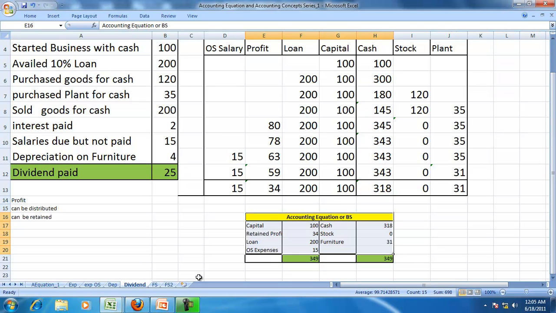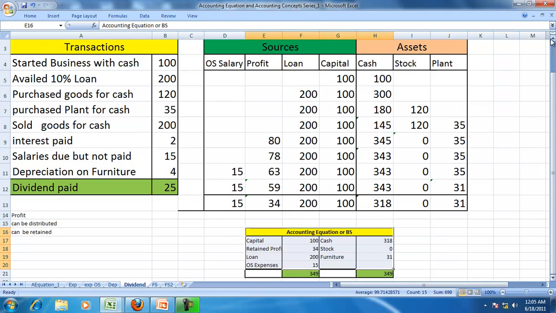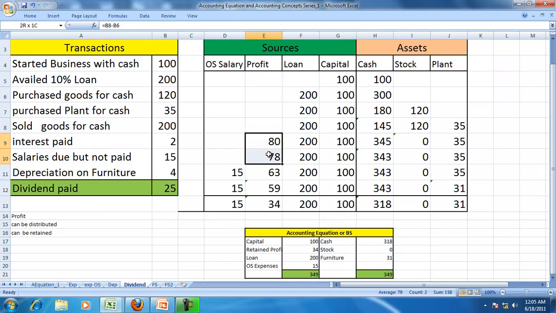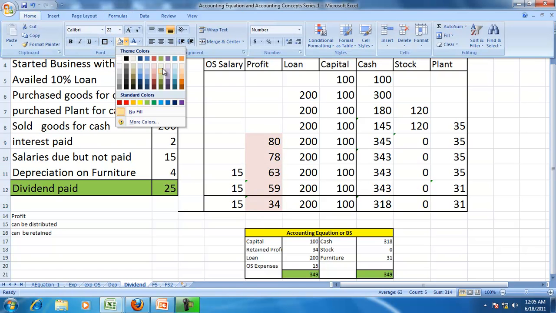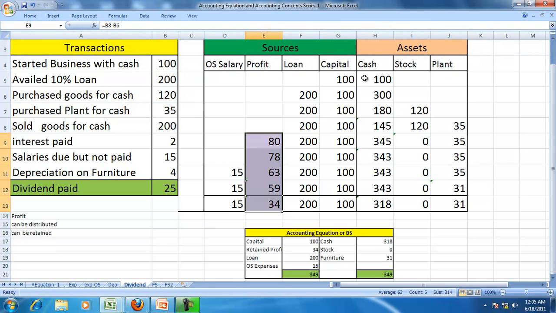So if you put the entire accounting equation at a time, if you observe the profit on the accounting equation and the cash on the accounting equation, they keep on changing. Two important items which keep on changing are the cash and the profit.